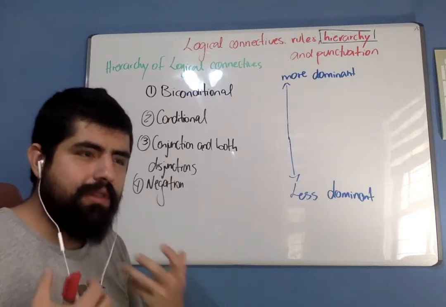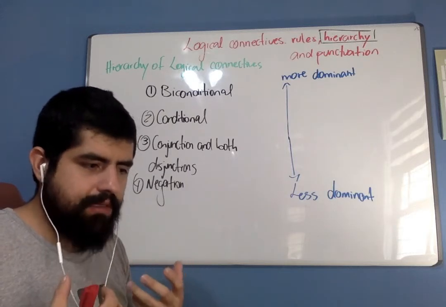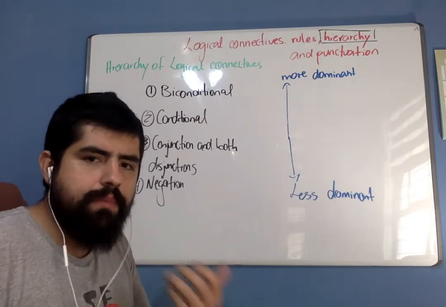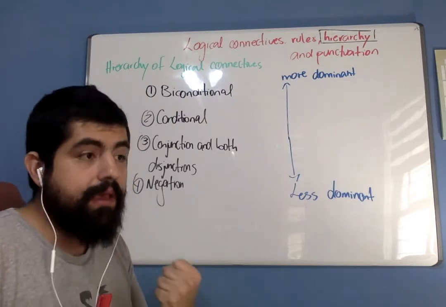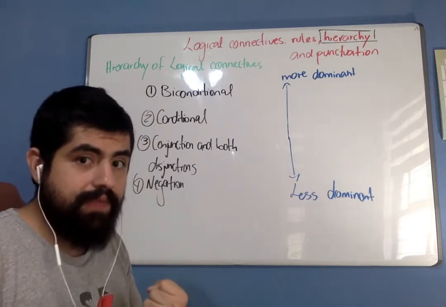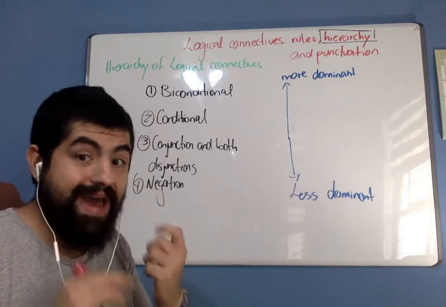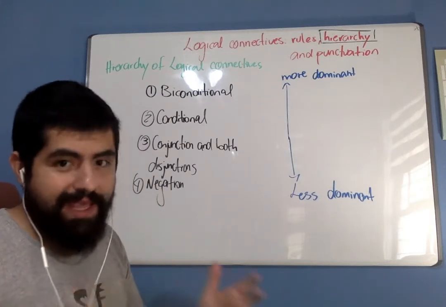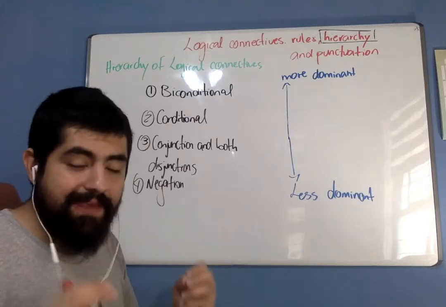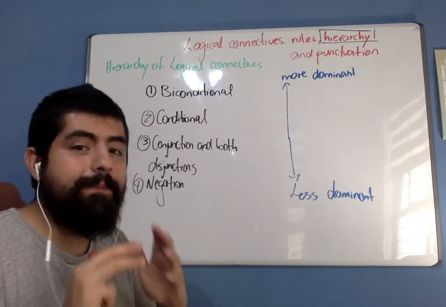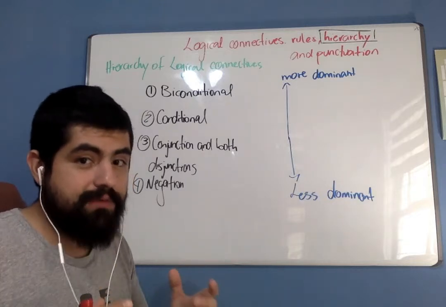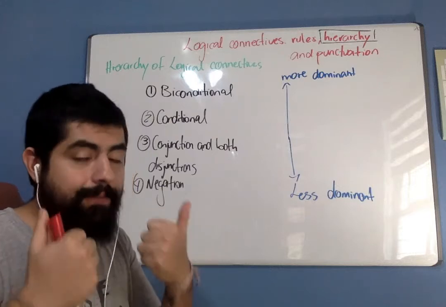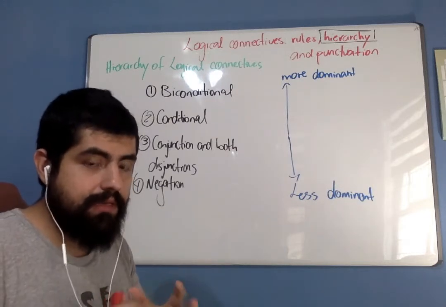This hierarchy of the logical connectives supposes that we don't have punctuation marks in our expressions, okay? If we have punctuation marks, the game changes completely, okay? So again, this hierarchy applies if and only if we don't have punctuation marks in our expressions. Punctuation marks, as you supposedly read in your working guide, are the parentheses, the brackets, the braces, okay?